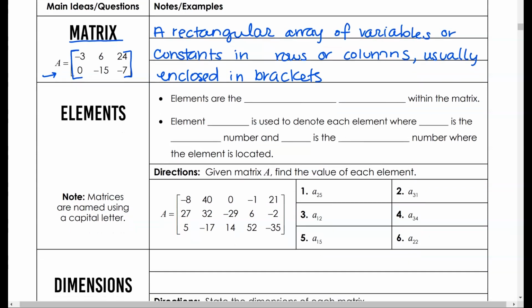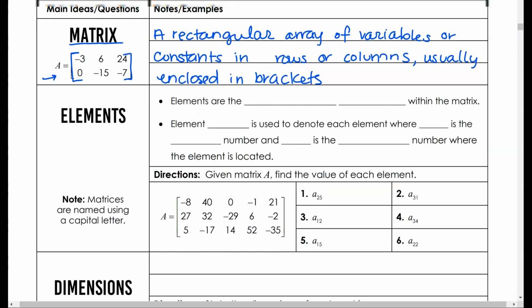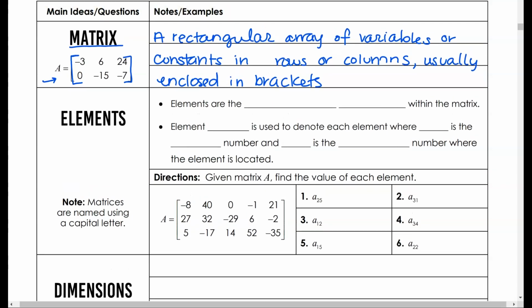All right, so now elements are the individual values within the matrix.